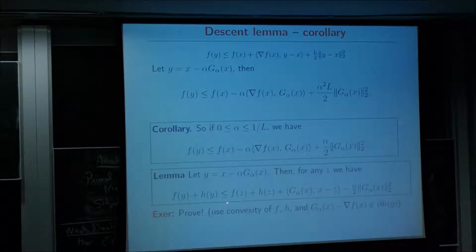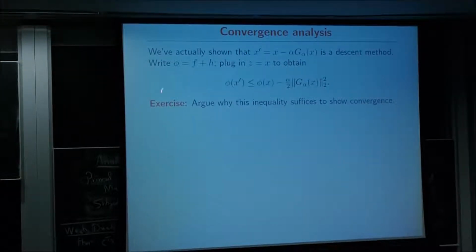So now just pick some nice z. For example, if z is equal to x, something very nice happens, right? Sorry, I made a slight notational change. I am writing x prime here instead of y. That was an unfortunate notational change that I made.